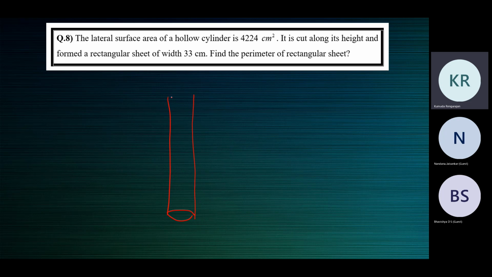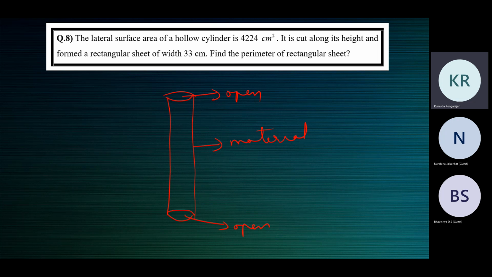A pipe is open at both the ends. There's no material there. Here also, there's no material. The plastic or whatever material is used only to make the CSA of the pipe.